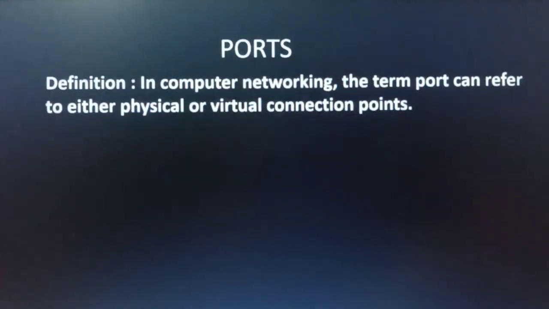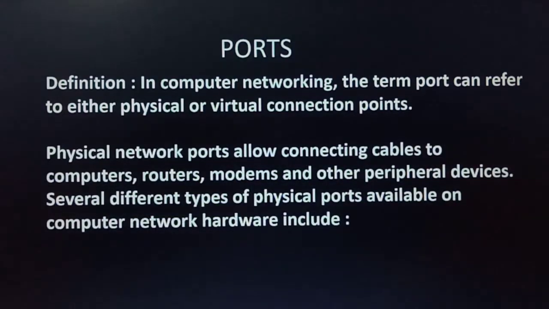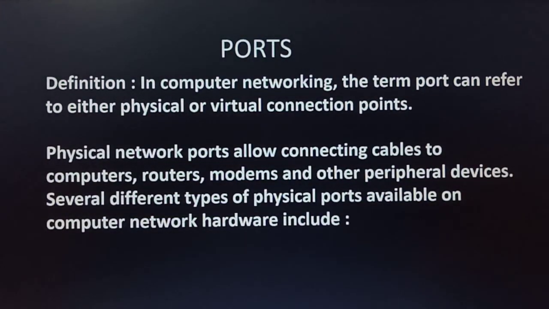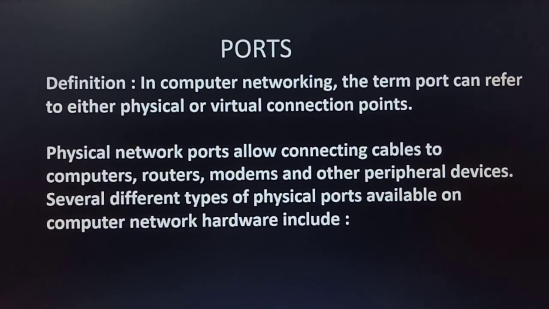Ports. In computer networking, the term ports can refer to either physical or virtual connection points. Physical network ports allow connecting cables to computers, routers, modems and other peripheral devices. Several different types of physical ports are available on computer network hardware.